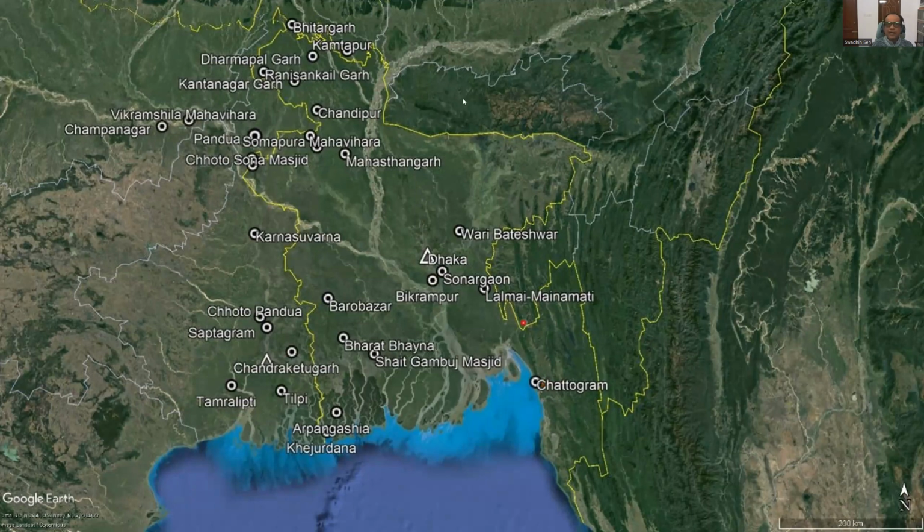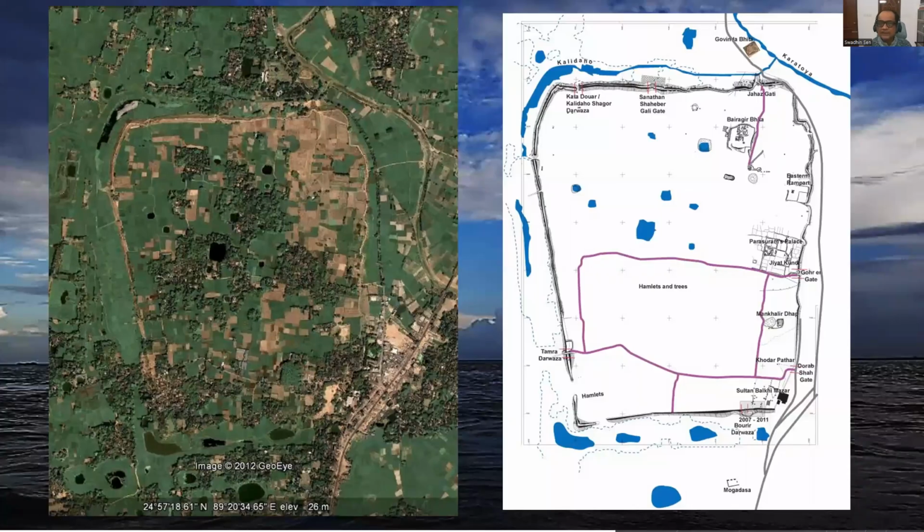And now, if we come to Mahasthan, for example, you can see the Google image, that is Mahasthan Gar. This is Mahasthan Gar I was talking about. Mahasthan Gar is a fortified area, enclosed by a wall, enclosed by a moat, and this Karatoya River, which is also mentioned in the Karatoya Mahatmya of the 13th-14th century, a Sthala Purana text.